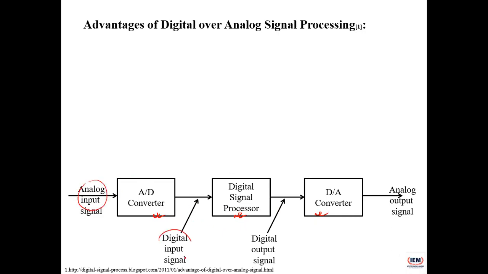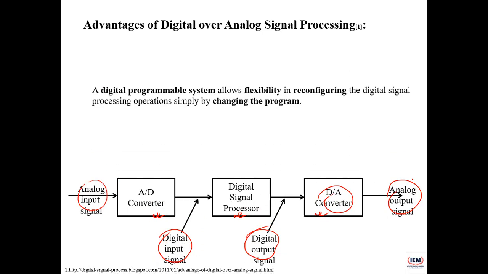After conversion, it is a digital input. Then after processing, we get a digital output, and after D to A conversion, we get the analog output. So you are already familiar with this block diagram. Now, the advantage of digital over analog signal processing.